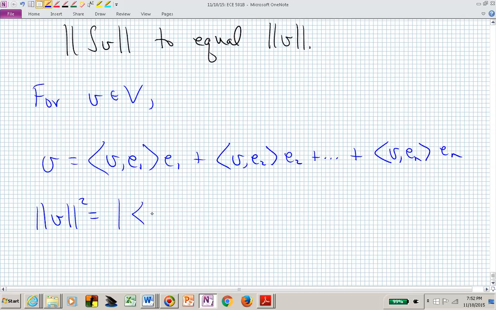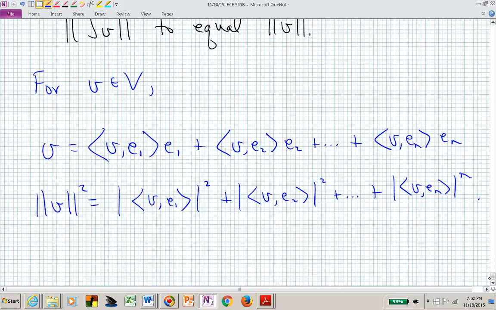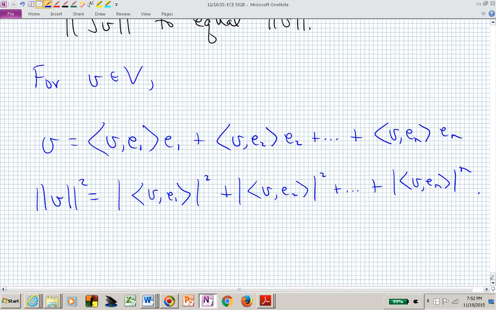So we can now take the absolute value of each of these scalars and square it, and that will produce the square of the norm of V. That's coming to us from before. That's now what the norm of V squared is.